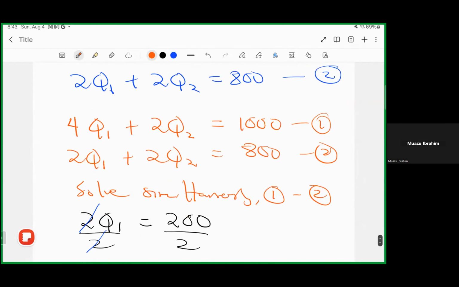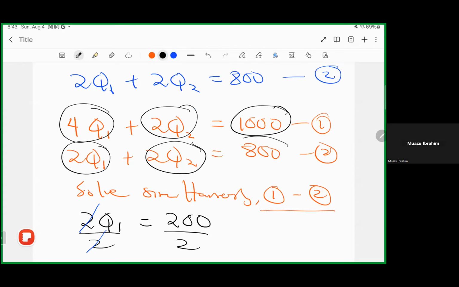We are subtracting equation 2 from equation 1 using the elimination method. 4Q1 minus 2Q1 gives us 2Q1. 2Q2 minus 2Q2 gives us 0.